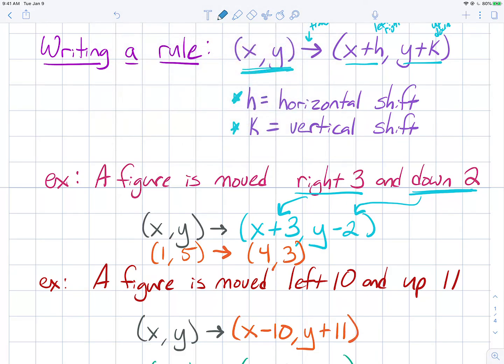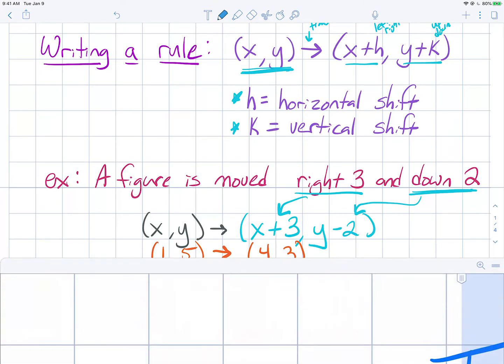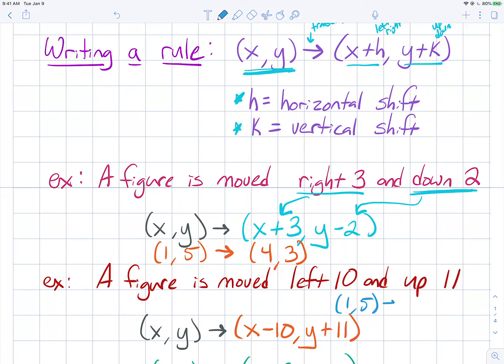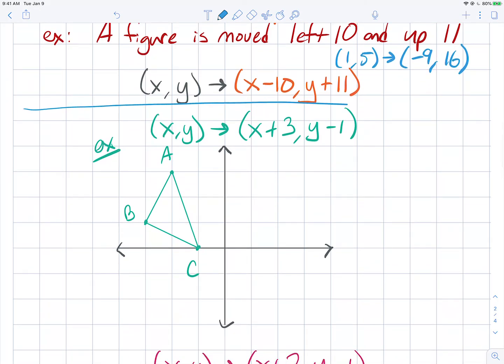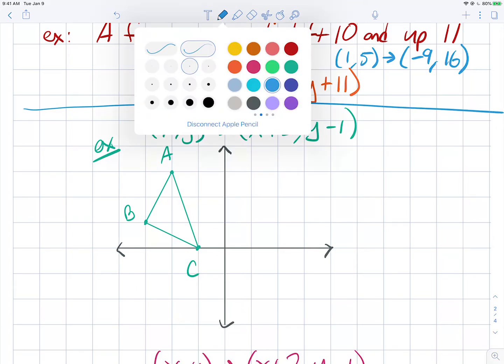If I took that original point (1, 5) and applied this rule, moving it left 10, it would end up at 1 minus 10, which is negative 9. And up 11, 5 plus 11 is 16. So it would end up at (negative 9, 16). So now let's apply a rule to a figure, and let's apply it to this triangle ABC.